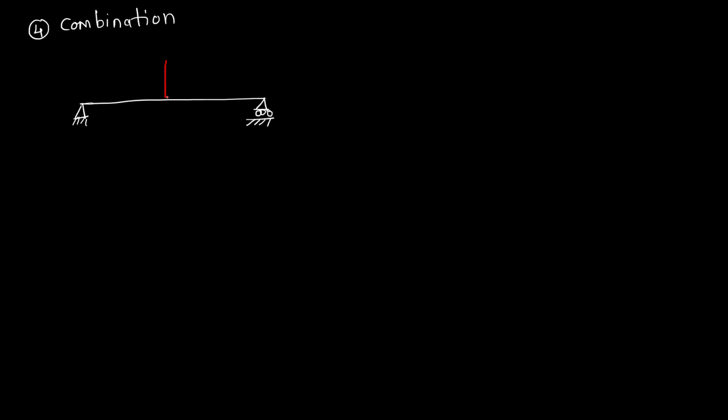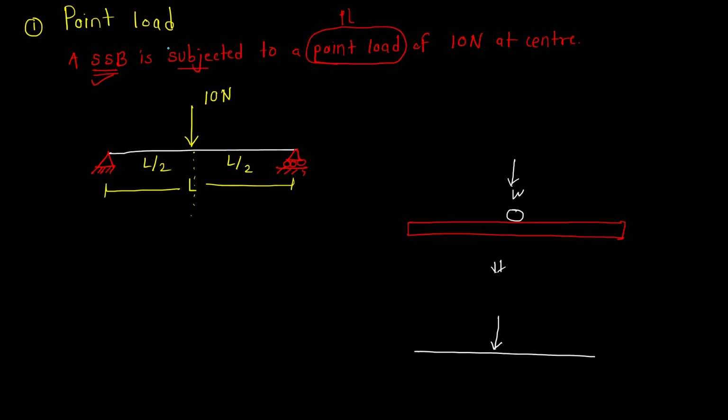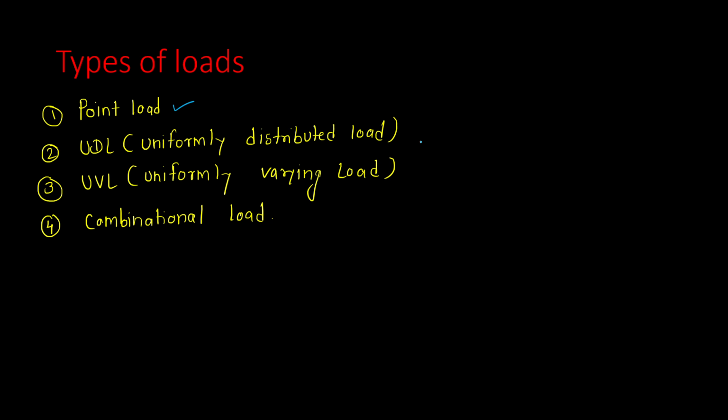Let's say there is one point load at the center, and also there is one UDL present. So this is called a combination of loads. With this, we have seen all the types of loads: point load, uniformly distributed load, uniformly varying load, and combinational load.